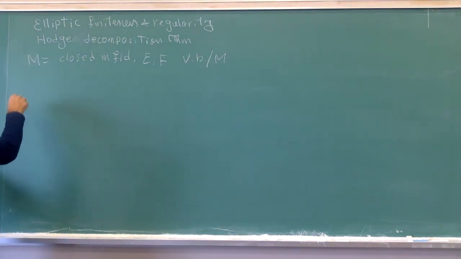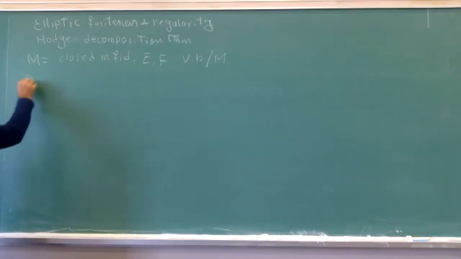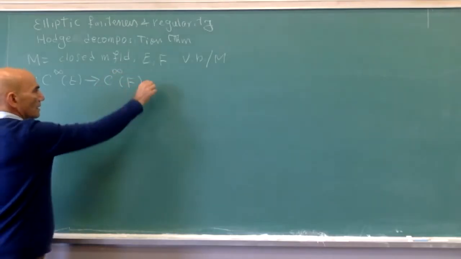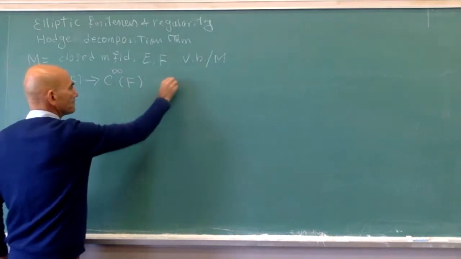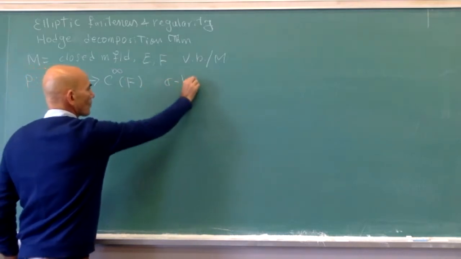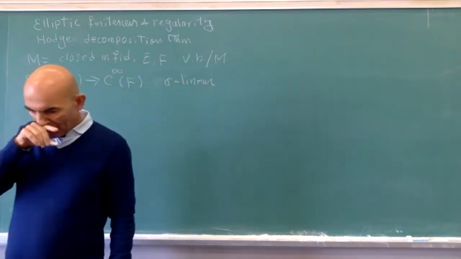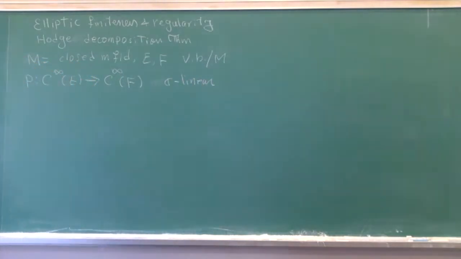My notation, I believe, is P from C infinity of E to C infinity of F, a C-linear map.